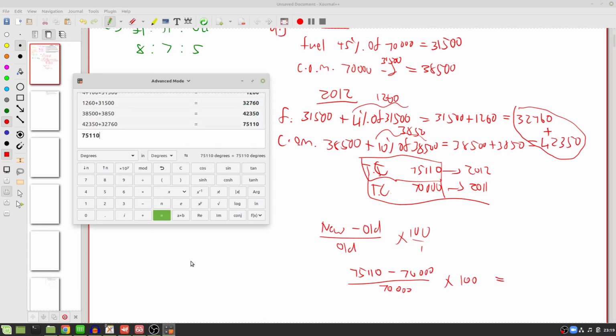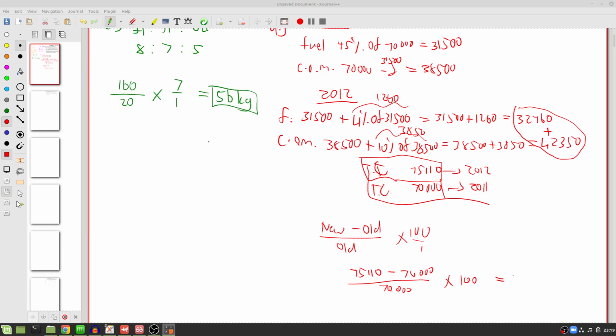So that's a 7.3% increase in total expenses.